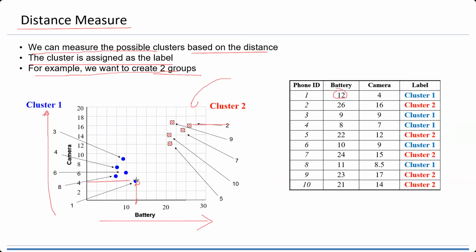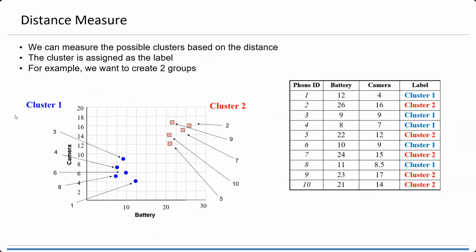So this is the location. And then number 2, 26 for the battery. This is the hours, maybe here. Okay. And then 16 for the camera. And so on. Then we can check.